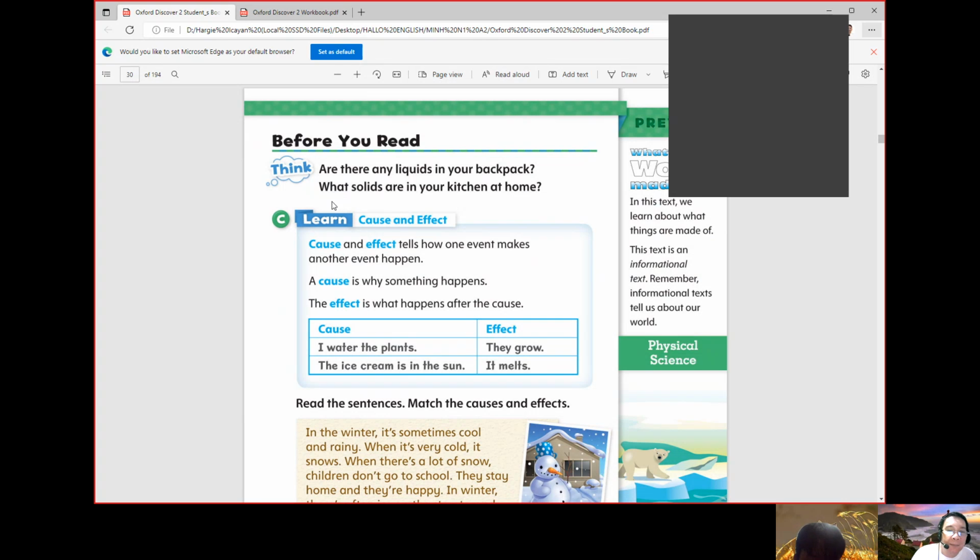Okay, that's correct. What about what solids are in your kitchen at home? Okay, can you name some of the solids that you can find inside your home? The pan. Okay. Aside from the pan, what else? The cooker.